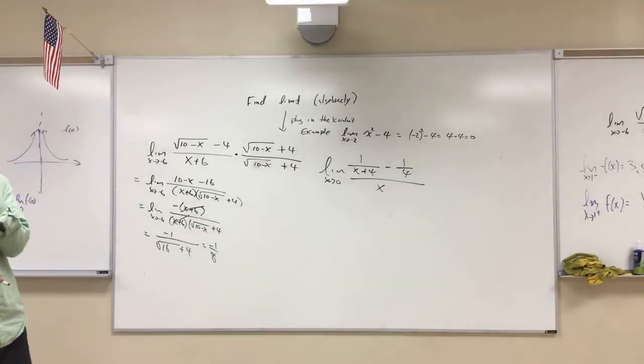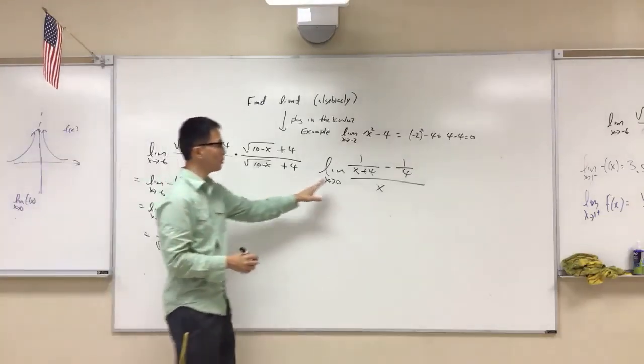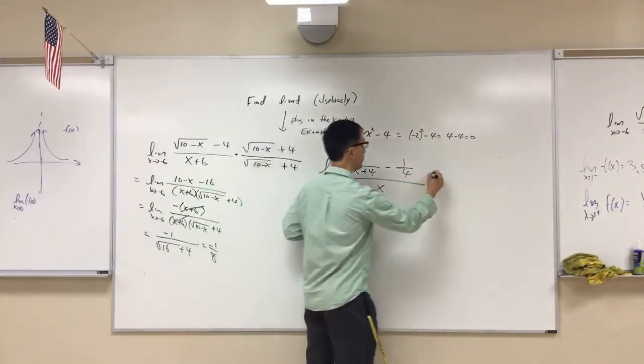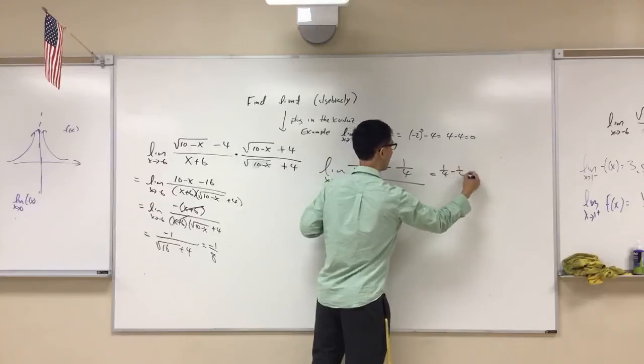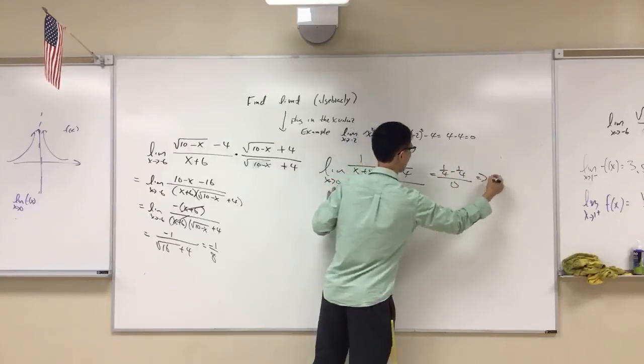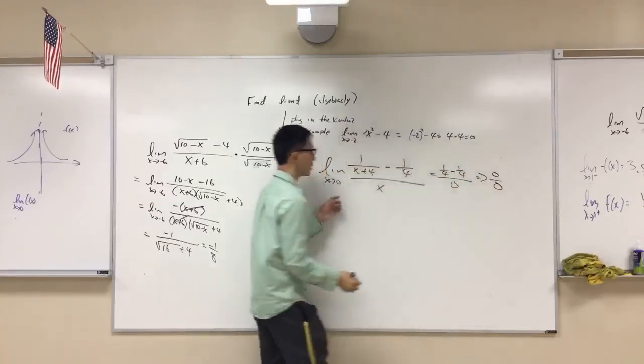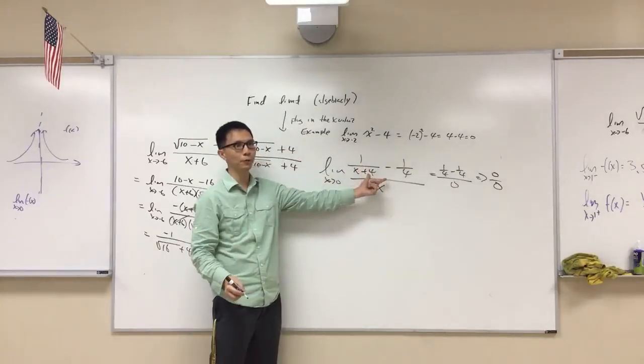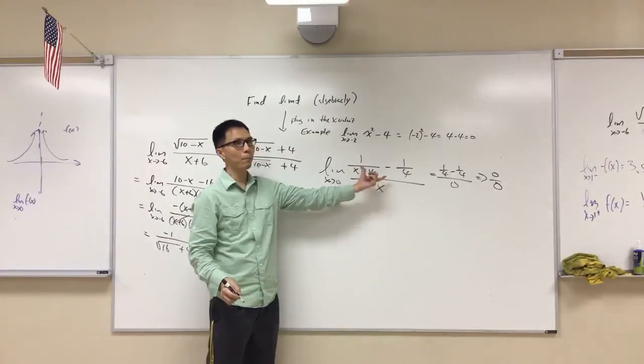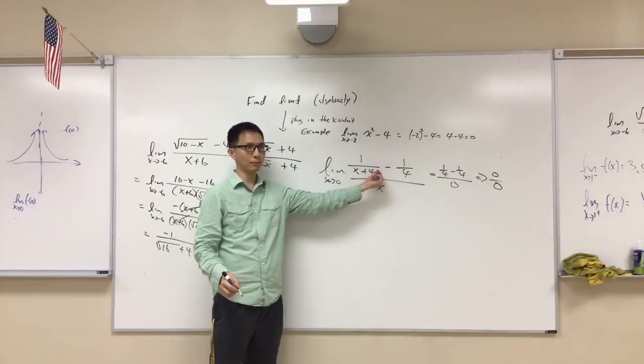So here's the last part. The last part says limit as x equals 0 in here. They're going to get 1 over 4 minus 1 over 4, over 0, which is 0 over 0, which is undefined. So you see two fractions, that's what we learned from before. We can combine those two fractions together, right?